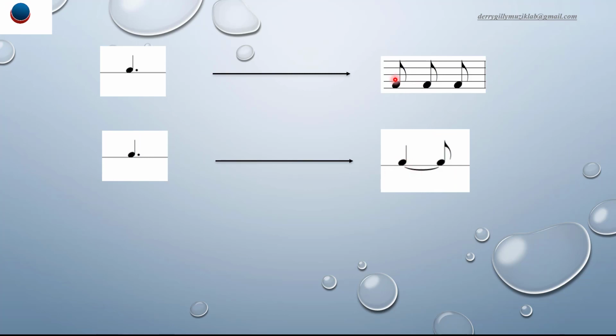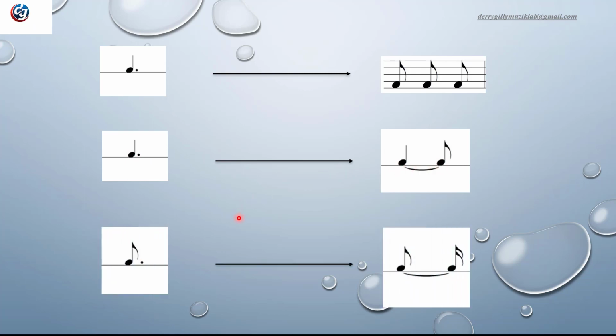I explained that these two are a crotchet, then this dot now becomes a quaver. So a quaver has been added to this crotchet. So this one is also written like this, a crotchet being tied to a quaver. And then the last one is a dotted quaver will give me a quaver tied to a semiquaver. So this one can also be written as this.